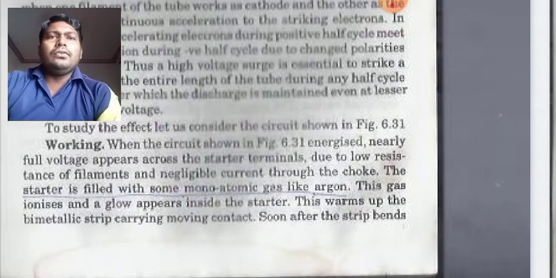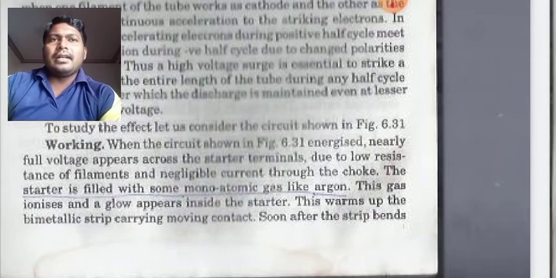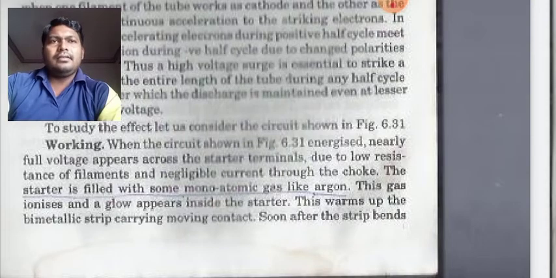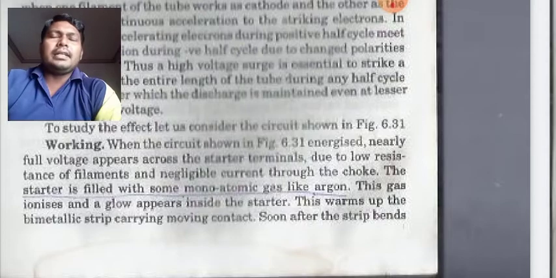So nearly full supply voltage appears across the starter terminals. Due to low resistance of the filament and negligible current through the choke, the starter is filled with some monoatomic gas like argon. This gas ionizes and a glow appears inside the starter.